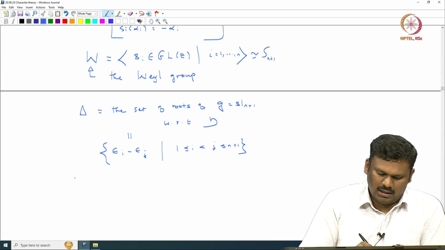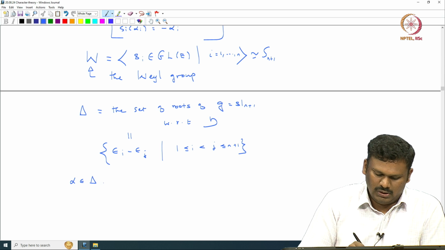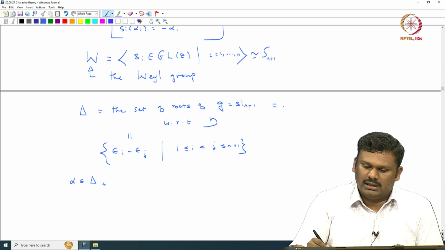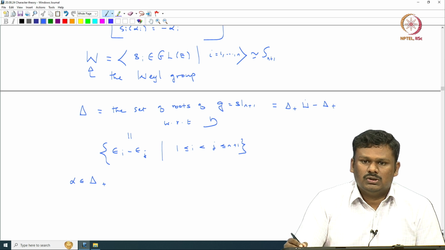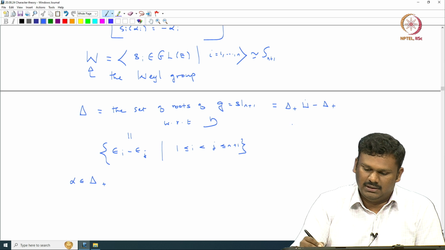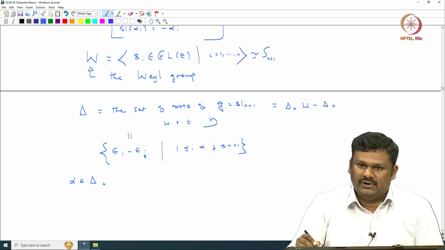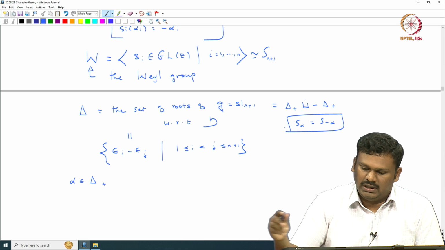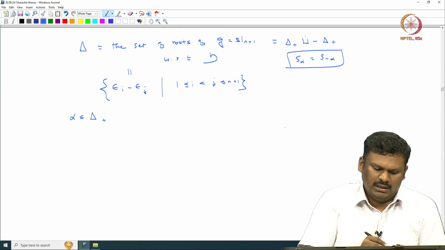So, if we take alpha in Delta, in particular one can take it from Delta^+, because Delta is nothing but Delta^+ disjoint union minus Delta^+. The reflection defined with respect to alpha and with respect to minus alpha will coincide. So, because of that one can just restrict to alpha in Delta^+.